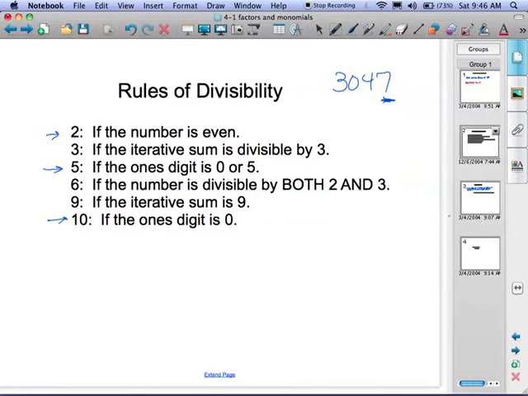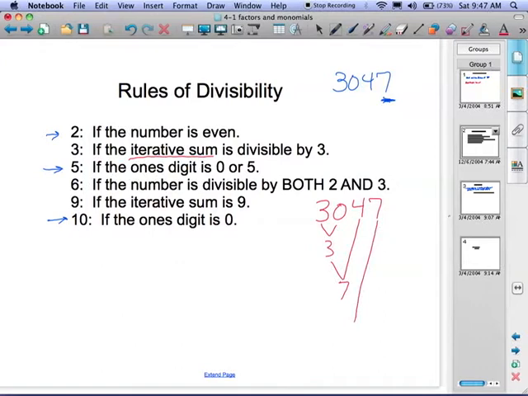The rule for 3 says the iterative sum is divisible by 3. So if we have the number 3047, to find the iterative sum, we are going to take the digits and continuously add them together. So 3 plus 0 is 3. 3 plus 4 is 7.